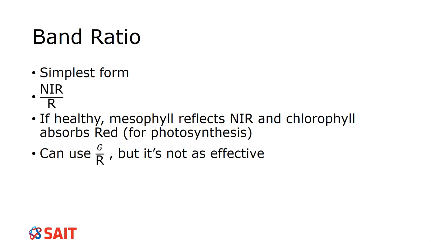If we say near infrared over red, then if it's healthy, we know that the mesophyll reflects near infrared and the chlorophyll absorbs red for photosynthesis. Therefore, if it is a high value, we know that it's healthy. If it is a low value, then it is not healthy. It's not really a great mathematical formula to do anything with other than just to compare.